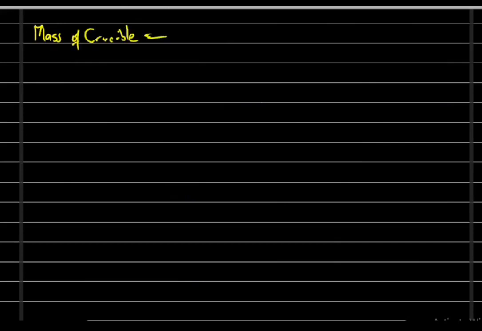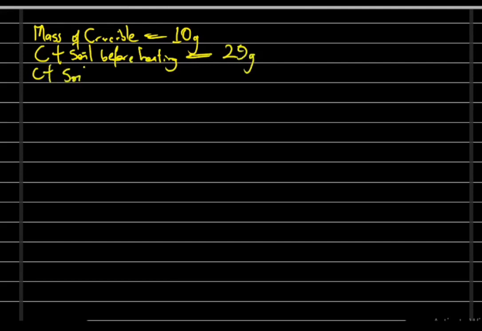Mass of crucible, we have it to be 10 grams. Crucible plus soil before heating, 29 grams. Then crucible plus soil after heating, we have it to be 18 grams.